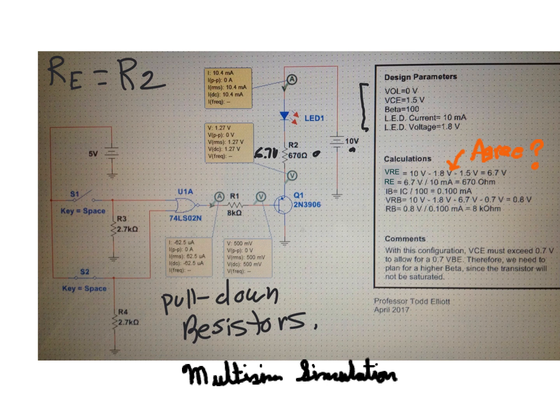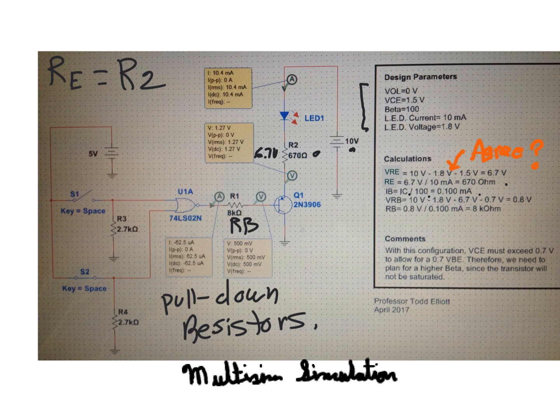Right, and then the value of RE is the 6.7 divided by the 10 milliamps is 670 ohms. Right, the base current is the collector current divided by the assumed beta DC of 100, which I would give you, gives you 0.1 milliamps or 100 microamps on the base. Right, VRB. So this is also RB.